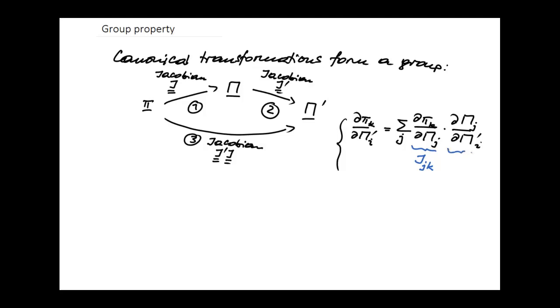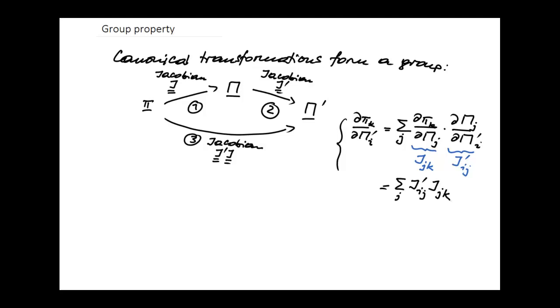The second partial derivative is the matrix element of the second Jacobian. It's an element of the matrix J prime, and it's the matrix element Ij. But this is equal to, if I exchange the order, the sum over j of J prime_ij times J_jk. So you recognize from this component notation that indeed it's the matrix product of J prime and J.